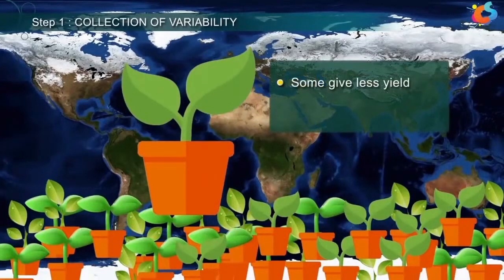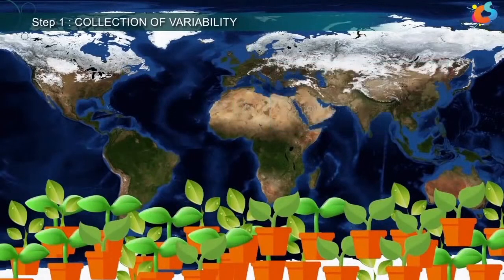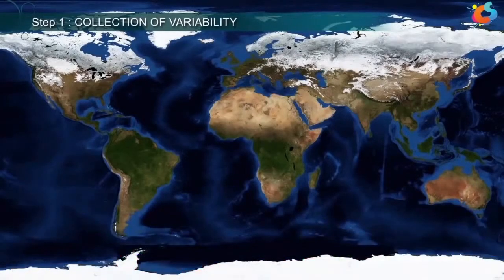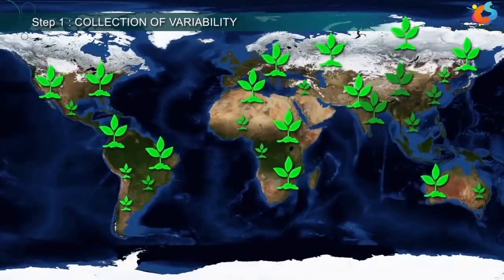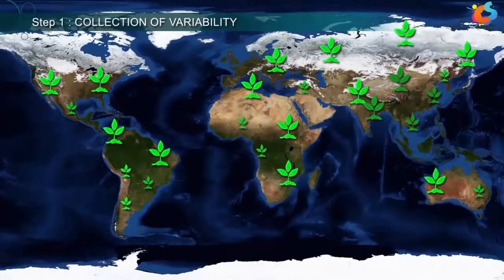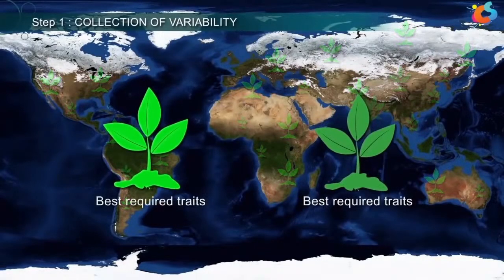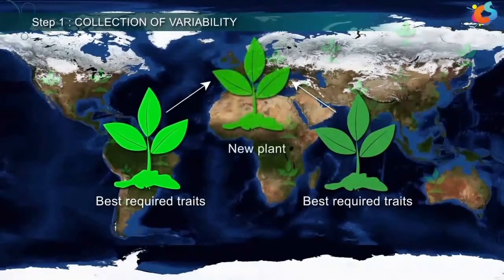Some give less yield and show drought resistance, etc. All these are desirable characters. So to create a new variety of ragi with better characteristics, it would be better if one knows all the natural varieties of ragi available on this planet. From that, it would be easy to select the best required traits for the new plant.